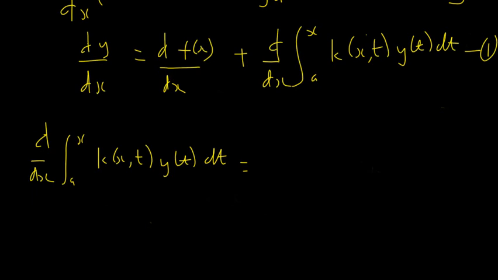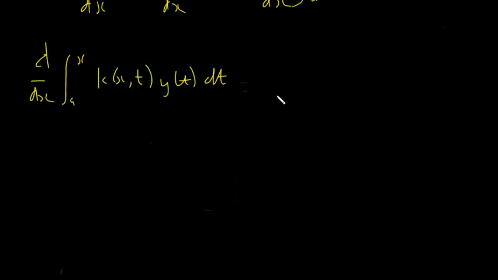So we know that we are supposed to first have the function at x and the upper limit. Yes, so let me break this one down so that you get to understand it very easily. Your f of x, t is k of x, t, y of t.